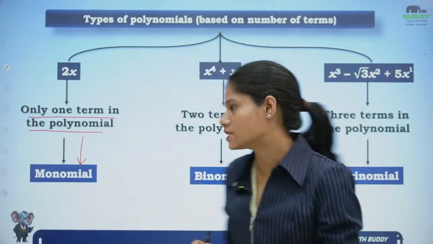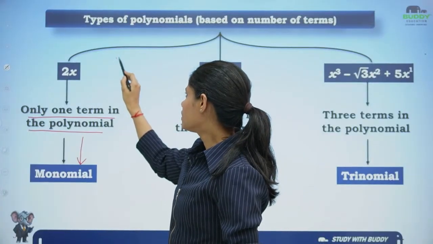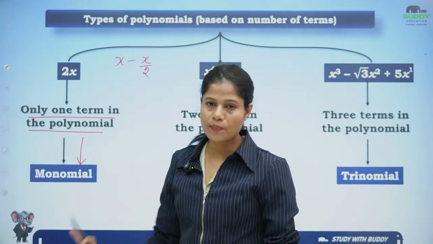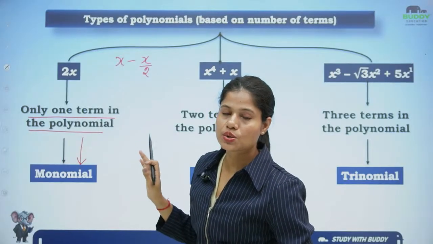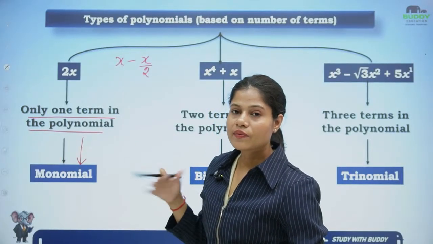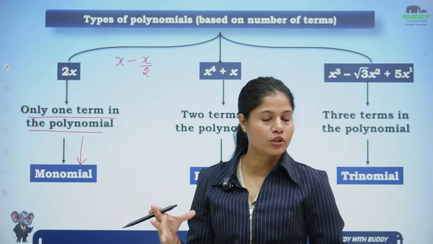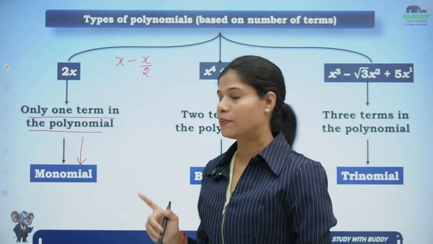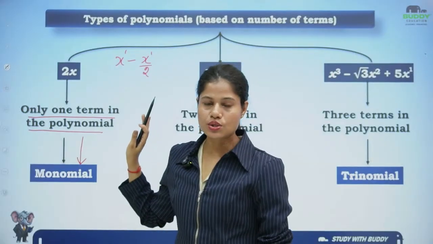Why am I saying this? Suppose I give you one example, x minus x by 2. Now this is a polynomial. You can't say ma'am, 2 is in the division, so it is not a polynomial. When we say that an expression is a polynomial, we are only concentrating on the power of the variable, and the power of the variable is a whole number here. So this is a polynomial.